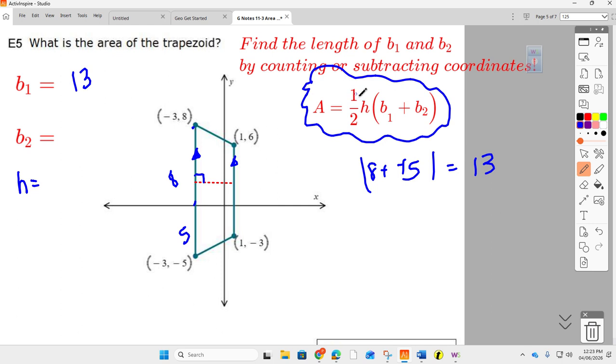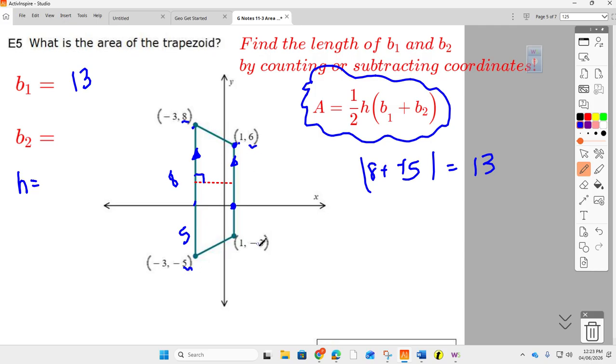What's the length of base 2? So base 2 is going to be this side. How far is it from this point to the x-axis? If we're looking at vertical lines, we're always looking at the y-coordinate.